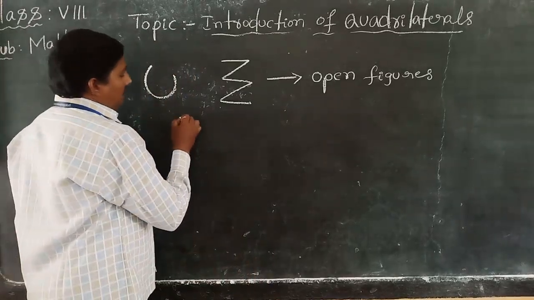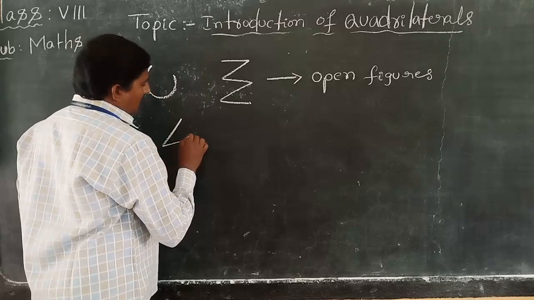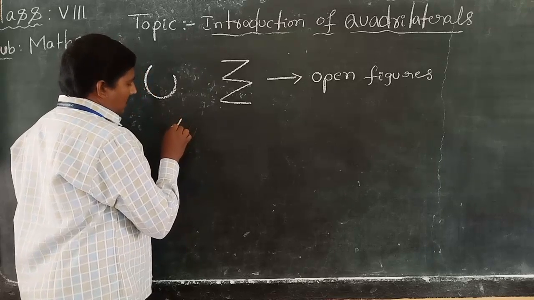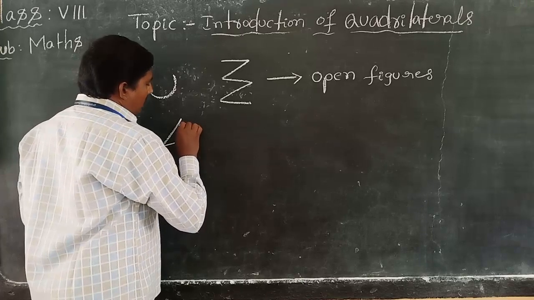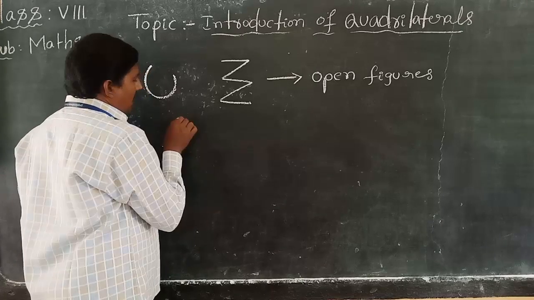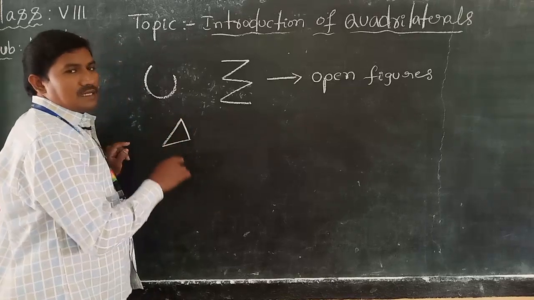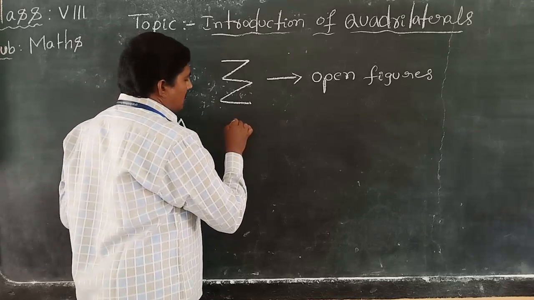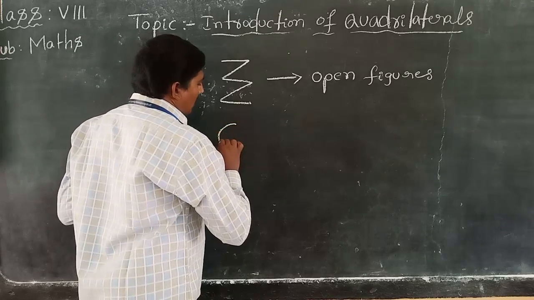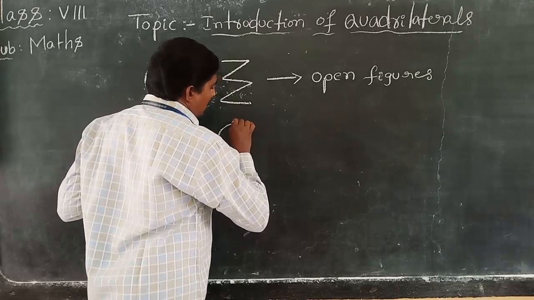See, I am drawing one figure here. This is the starting point. When the starting point and ending point coincide, that is called a closed figure. For example, a circle: this is the starting point, and the ending point coincides with it.